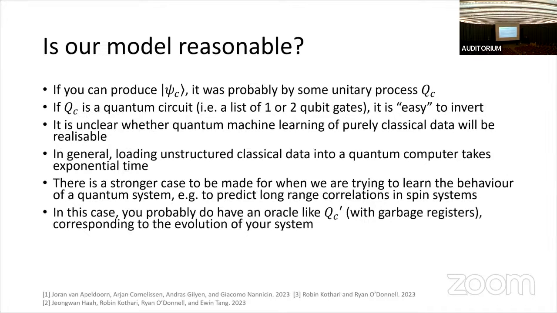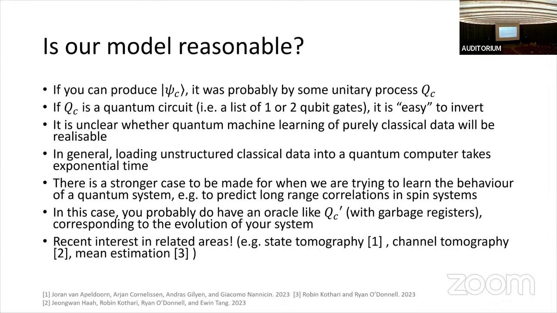In that case, maybe you have an oracle that corresponds to something like Hamiltonian simulation of your state, and your data is inherently quantum, and you have the unitary and its inverse. So there are cases where I think it is conceivable that this access model could be reasonable. And I don't think there are many cases where it's reasonable to assume that you have access to these states, but not the unitary and its inverse.